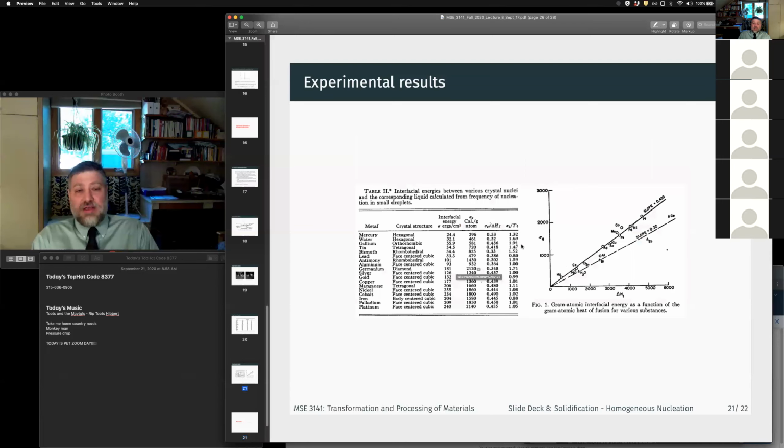So we can see here these interfacial energies, right? Of course, not in SI units. They're in units of ergs per centimeter squared, so you have to convert that to joules per meter squared.